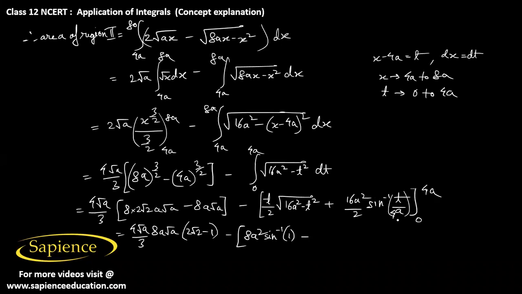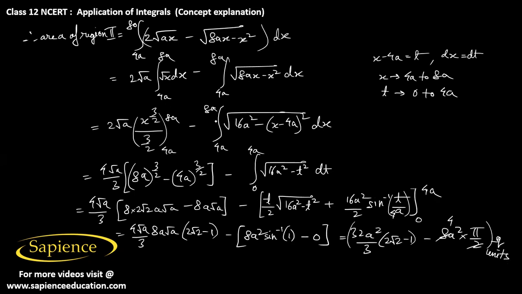Then minus, if we put 0 here, this will become 0 only. So this will be equal to 32a² by 3 into 2 root 2 minus 1, then minus 8a² into sine inverse 1 is pi by 2, so 2 4 is 8. So this much square units.